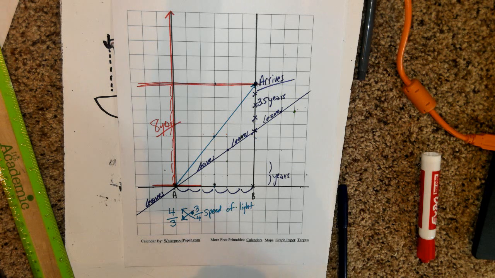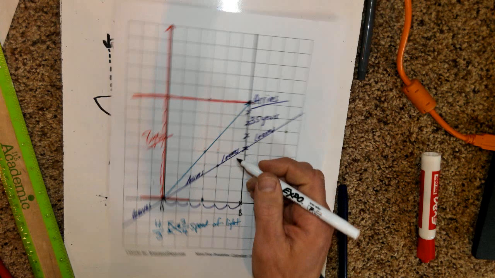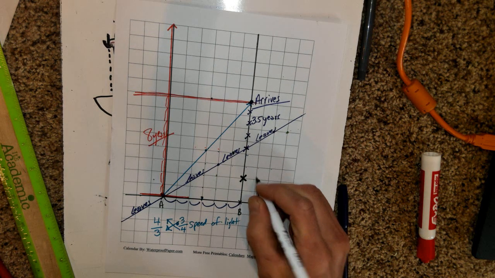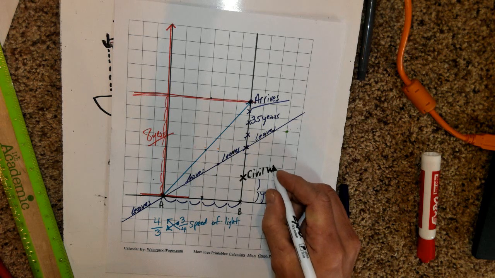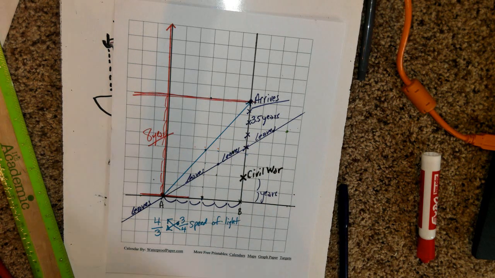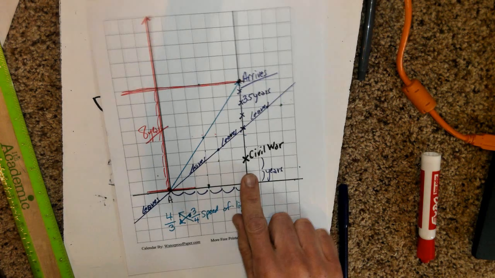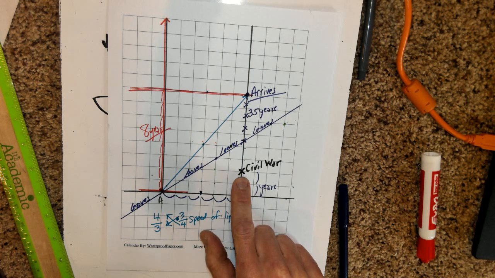Now this has really weird implications, because what if there is a civil war on planet B right here? Okay? Civil war happens right here on planet B, in this moment in time and space.